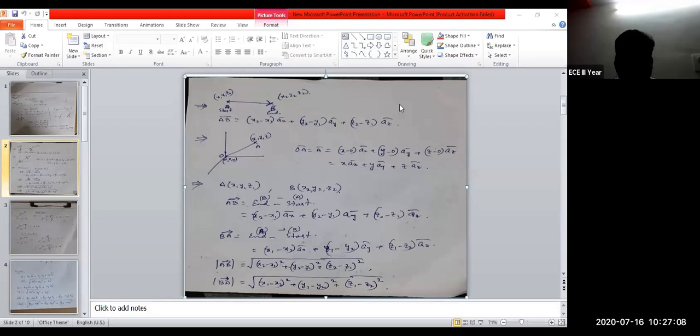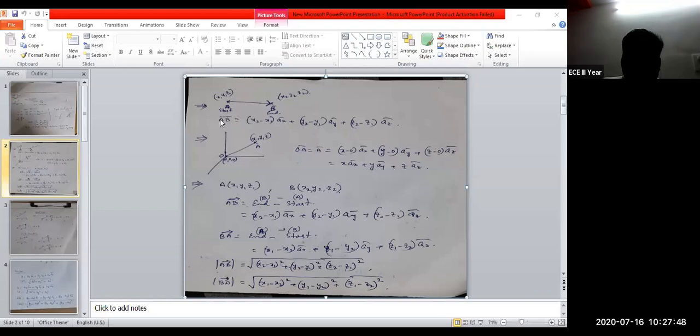Now if I find the vector AB bar, this is also very important. We will study it now, then use it directly in the coming classes. For clarity, I made my own handwritten notes so it will be clearer to you. AB bar: the starting point is A, the ending point is B. The resultant is the end point minus the starting point.